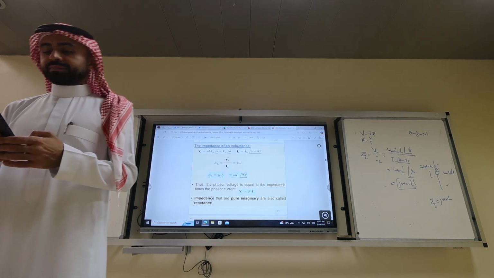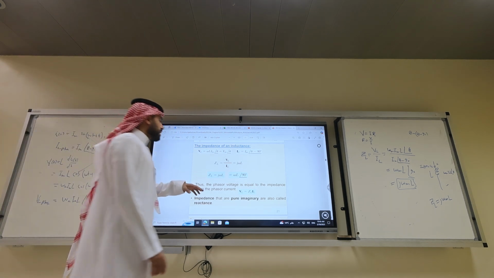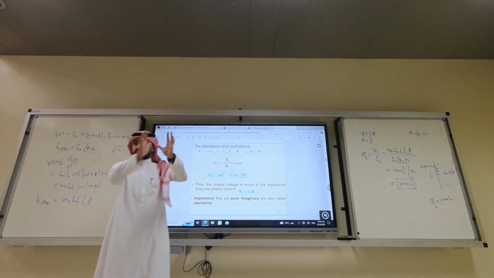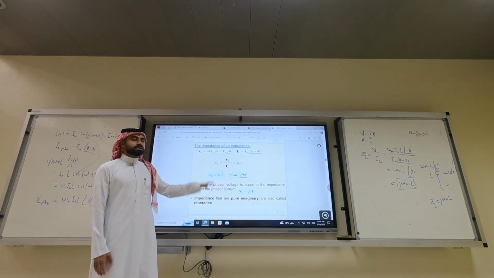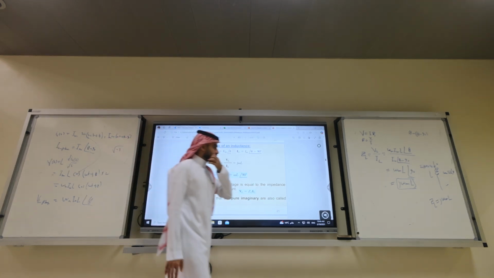It's both in inductors and capacitors, and if it's purely J times whatever, it's called reactance in Arabic. But just call it impedance, okay?